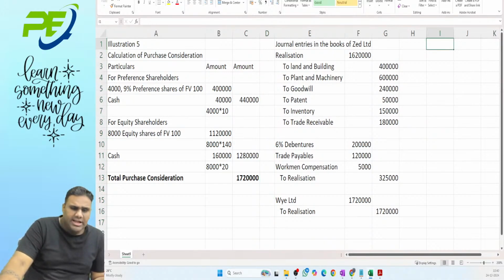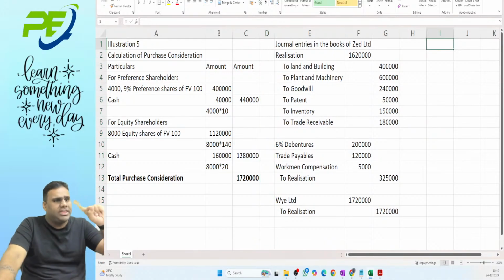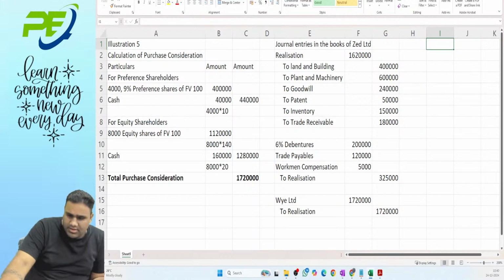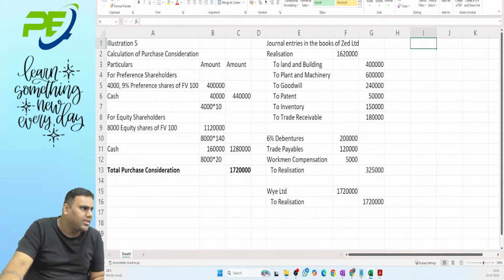Now, so we have passed 3 entries. First, assets transferred, liabilities transferred, purchase consideration due. Next entry. Very good.